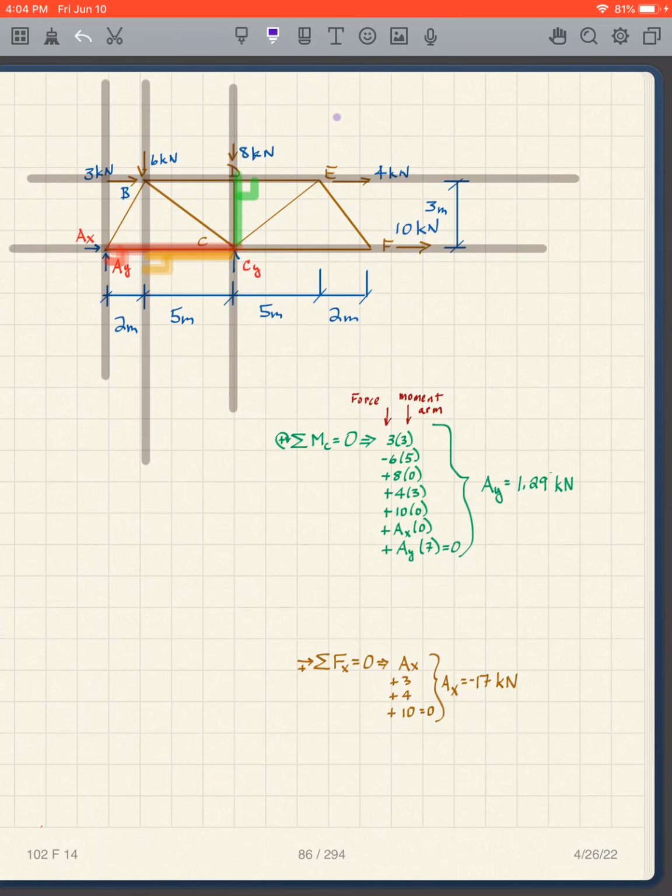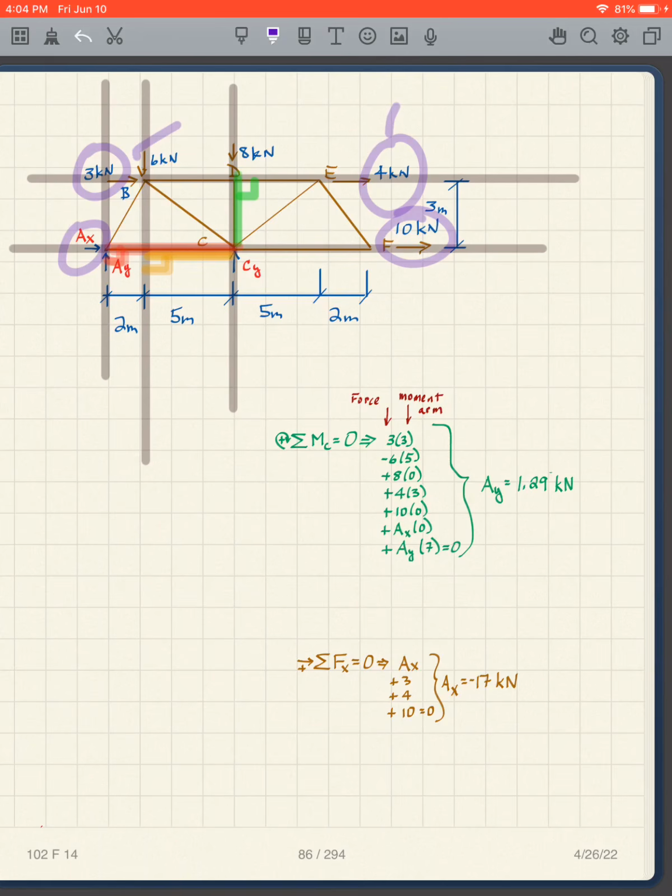And then I can take the sum of the forces in the x direction equals 0. And I get that I have AX, I have 3, I've got 4, and I've got 10.